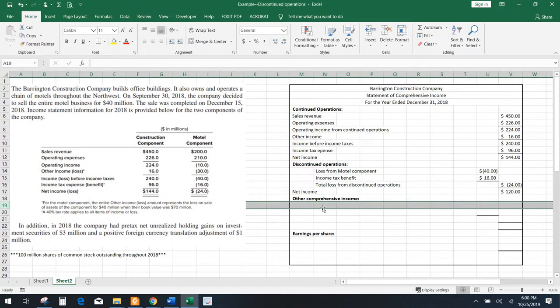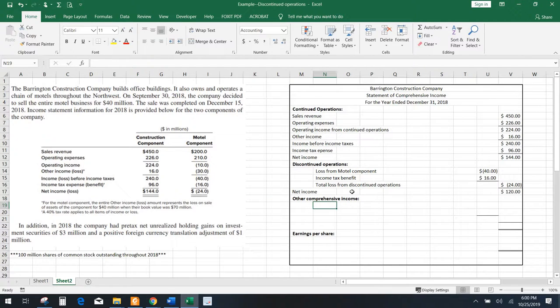So we'll just do the first example to demonstrate. We have other comprehensive income. It says, in addition, the company had a pre-tax net unrealized gain on investment securities of $3 million. So unrealized gain on securities, net of tax.